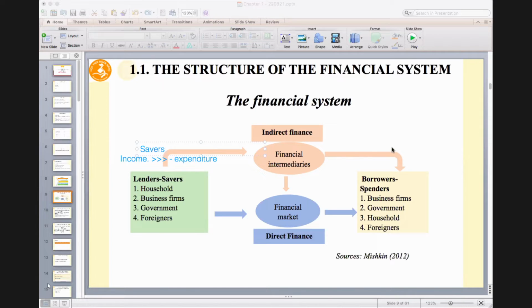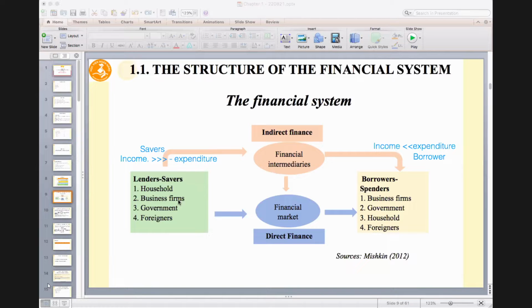Otherwise, there are units whose income is smaller than the expenditure. So they will be the borrower. They lack money and they will be the borrower. And the saver always wants their money to bear more and more.